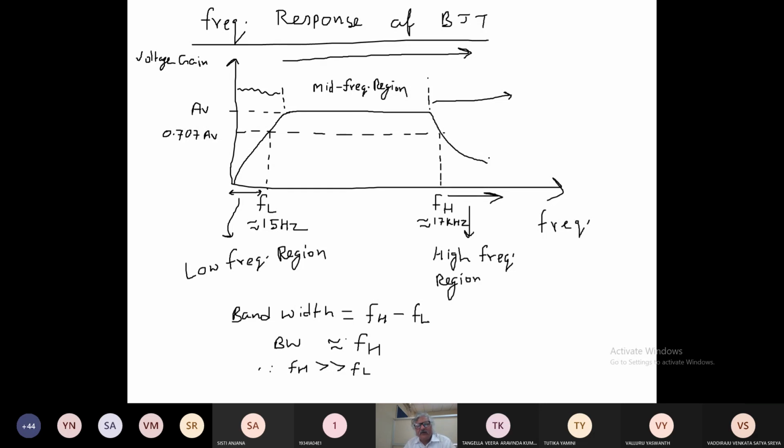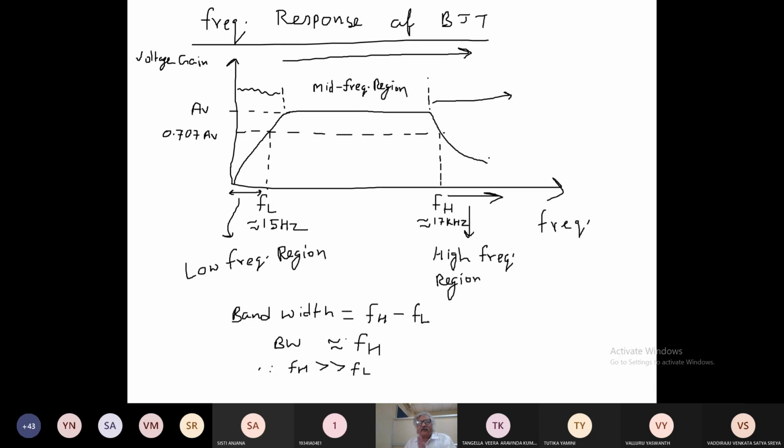This drop at higher frequency, is it due to the coupling capacitor? No, sir, it is not due to the coupling capacitor. Something else is causing this drop at the high frequency, and that is the internal capacitors, which we will discuss afterward.